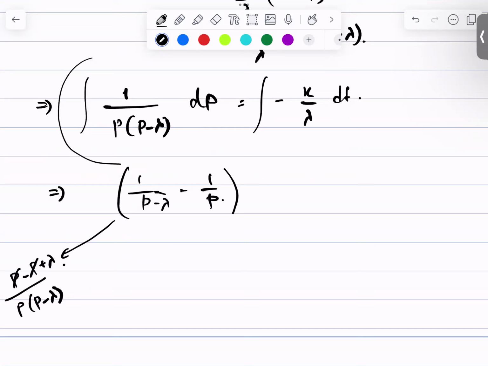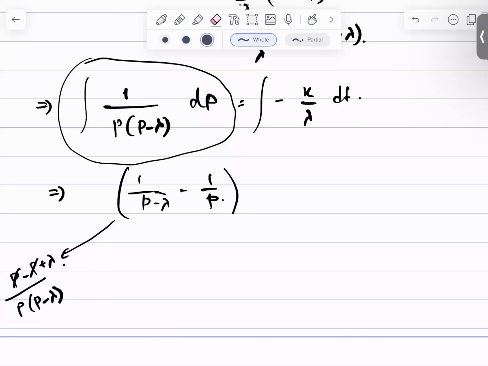In this line on top there is 1, but I can rewrite this line by pushing this λ there, so I'll get λ there and there will be no λ here. Same thing.